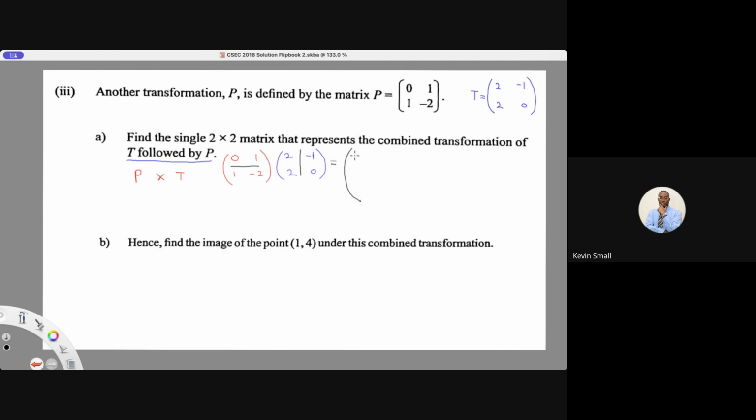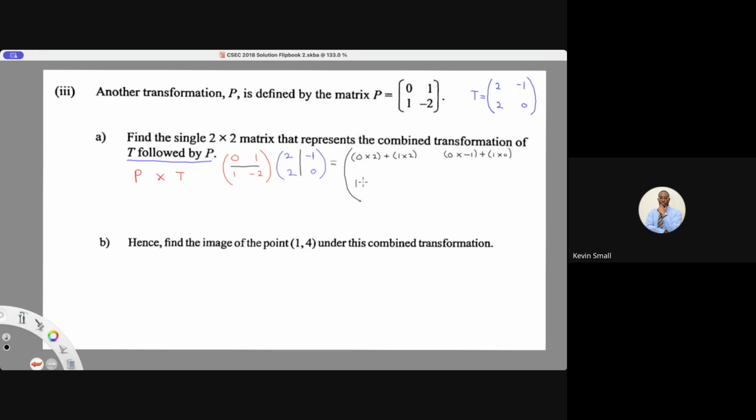So let's do row by column. Remember, row by column. So it is 0 by 2 plus 1 by 2. Row by column, 0 by 2, 1 by 2. And then you leave out a space. You do the same thing again to the next column. 0 by negative 1 plus 1 by 0. You come down and do the same thing again.